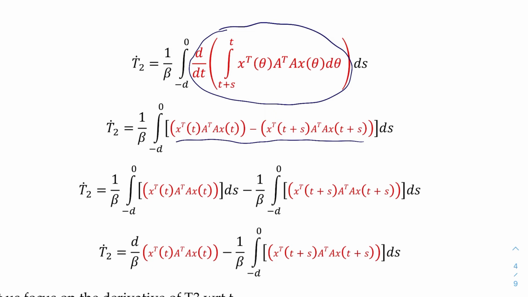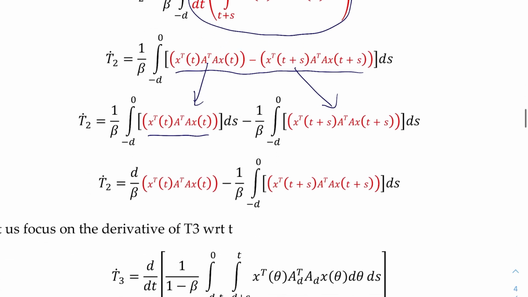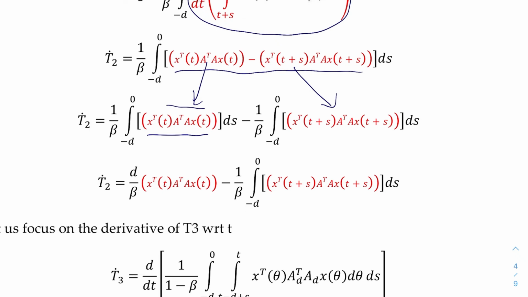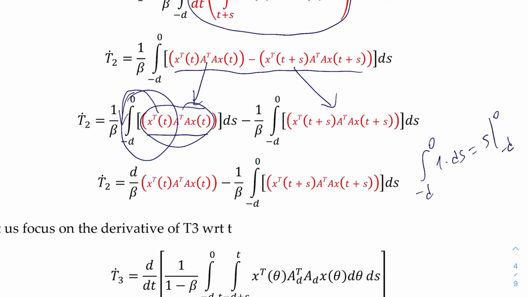We expanded that, and since that expression doesn't have s as a variable, we can take that out of the integral, and we have at this moment 0 minus d, and that's 0 plus d, and that's d.